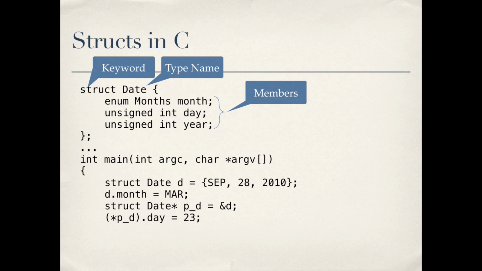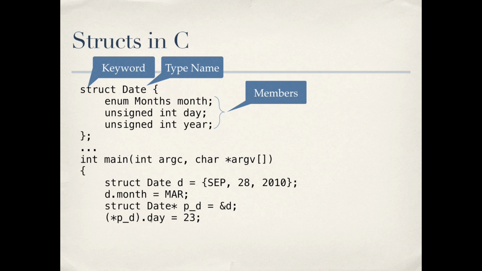Good. Now, next line, again very slowly: we take p_d, the pointer, and if we write the star when we use p_d, not when we declare it, it means take the value where p_d points to. p_d is an address, and this is the address where d resides.